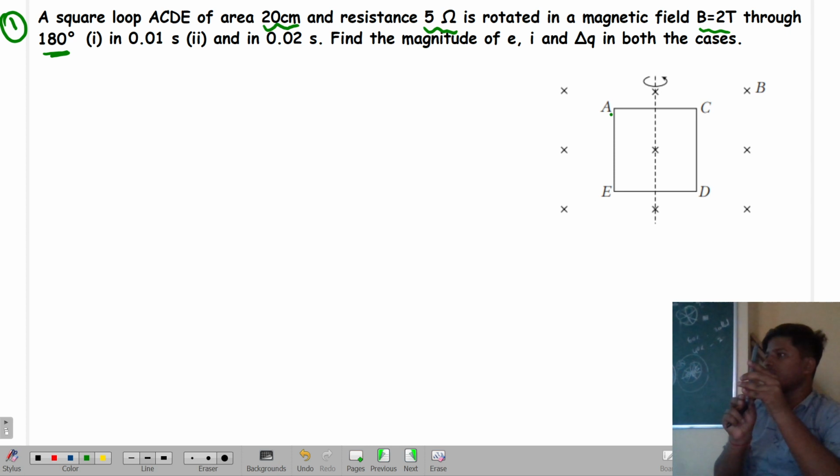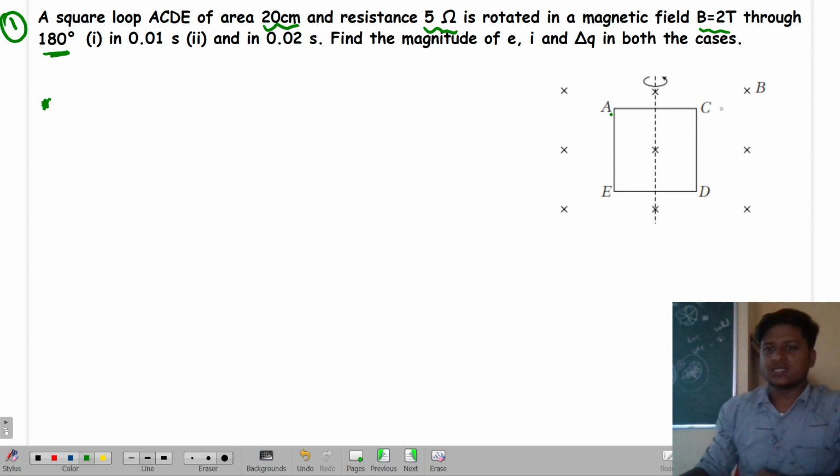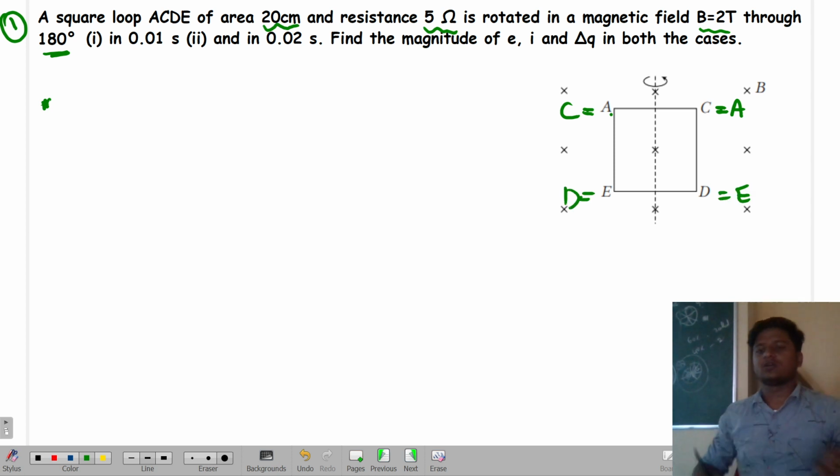Tell me yes or no. Rotated by a further 90, A has come over here, C is over here, E is over here and D is over here, or not? So if you rotate it by 180 degrees, what is going to happen? A will become C, C will become A, this will become D and this will become E. Got it or not?